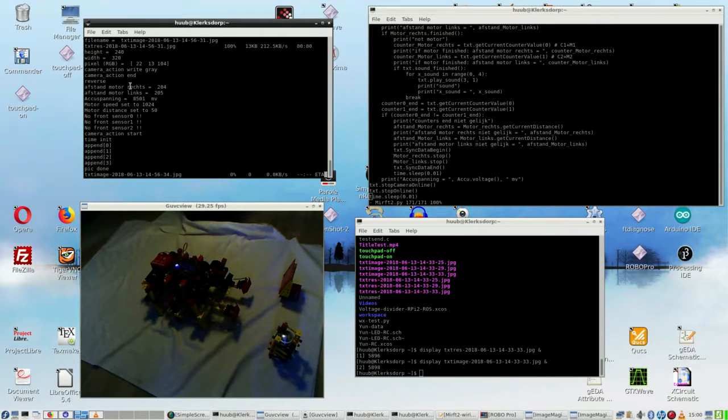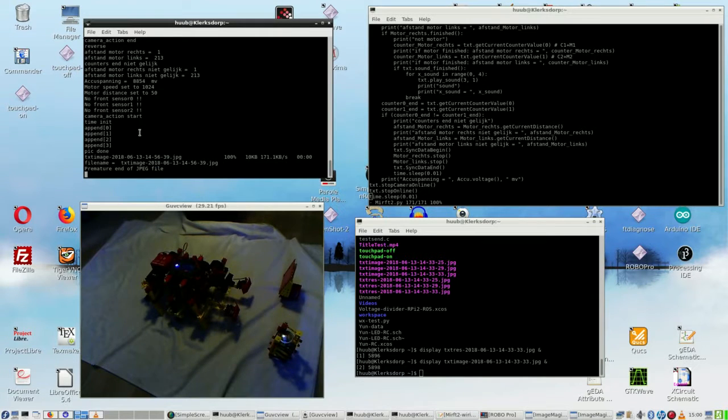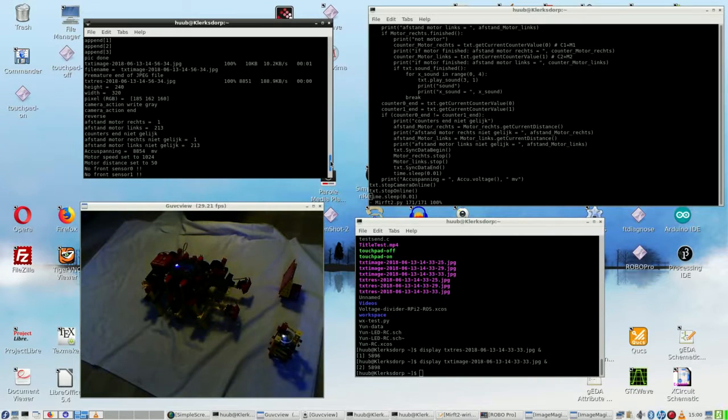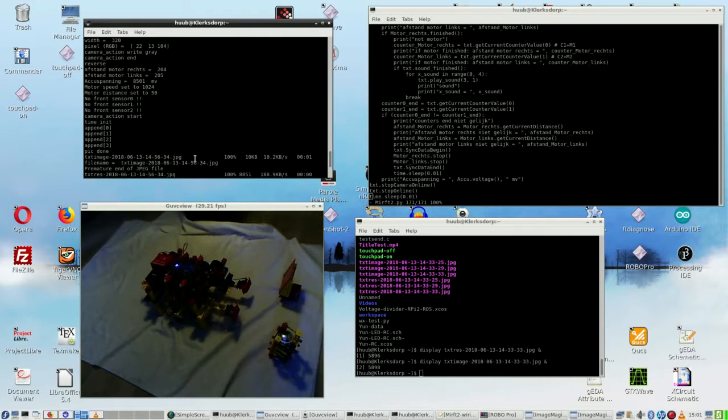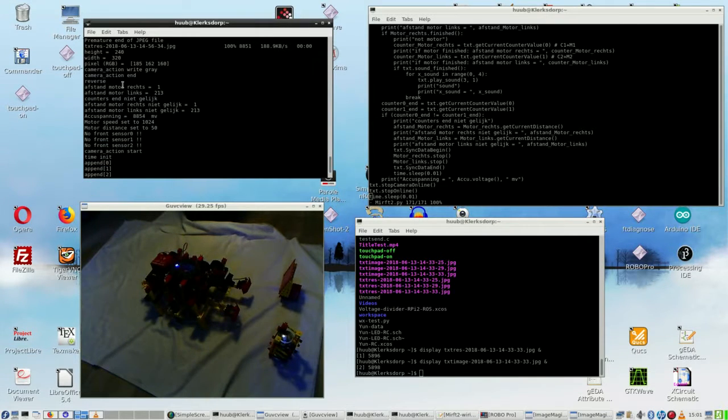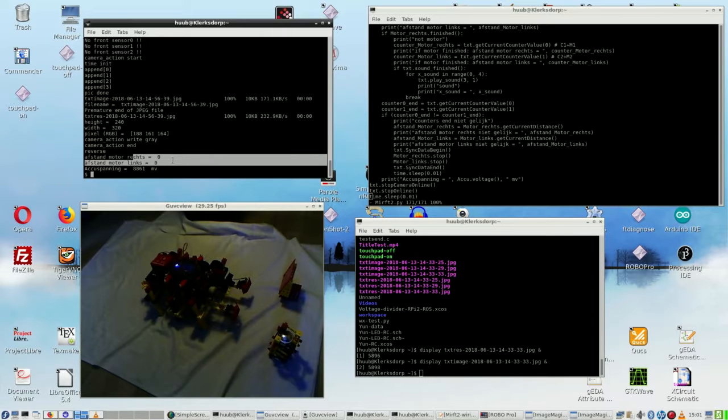Look here, 204. Yeah, right. Look here. Afstand motor S 204, 205, links 205, and 1 to 13. 1 to 13 and 0, 0.